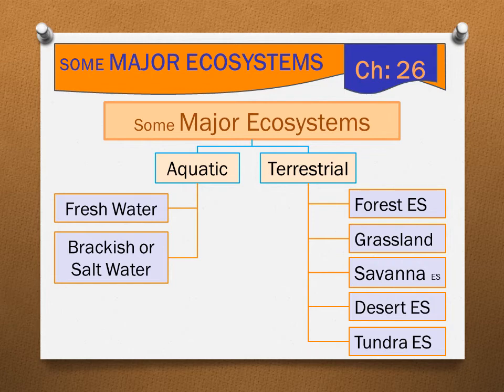The aquatic ecosystem has two types: the freshwater ecosystem and the brackish or saltwater ecosystem, while the terrestrial type of ecosystem is divided into forest ecosystem, grassland, savanna, desert ecosystem, and tundra ecosystem.